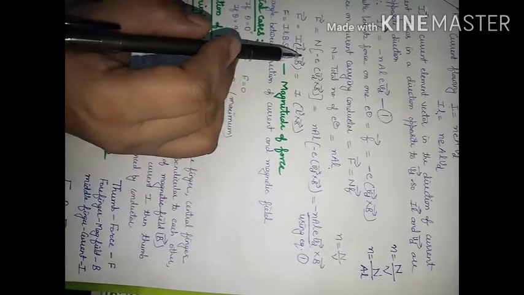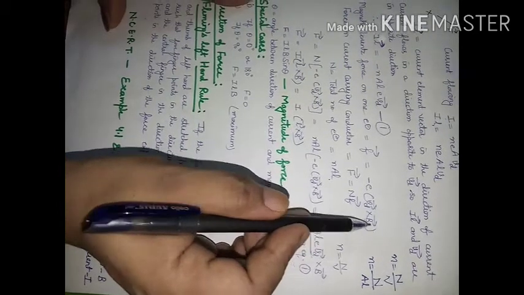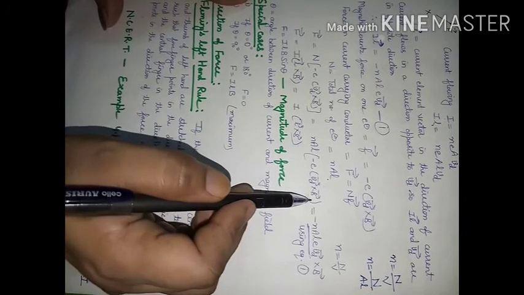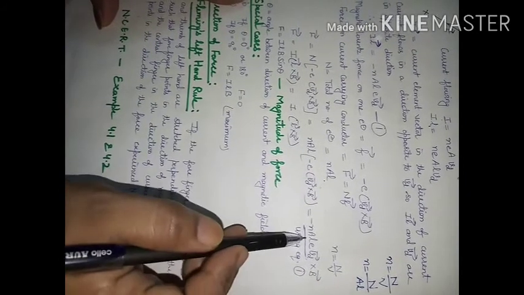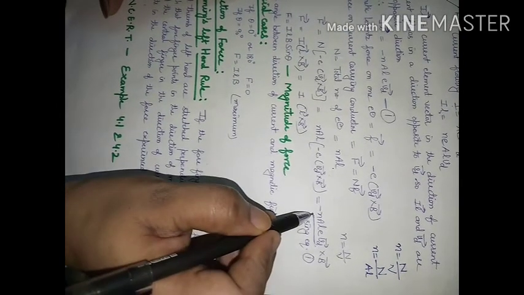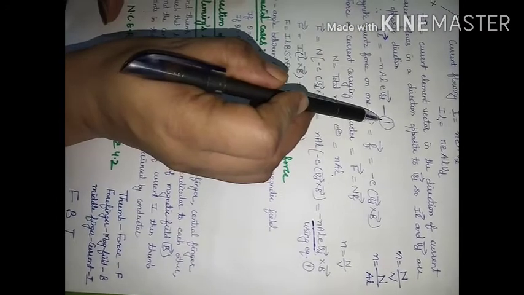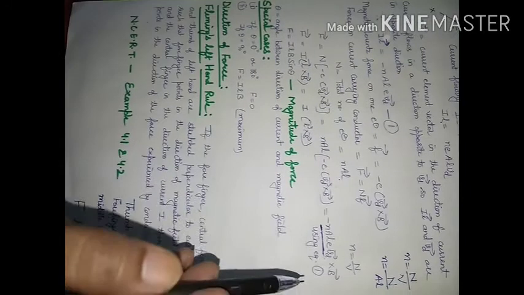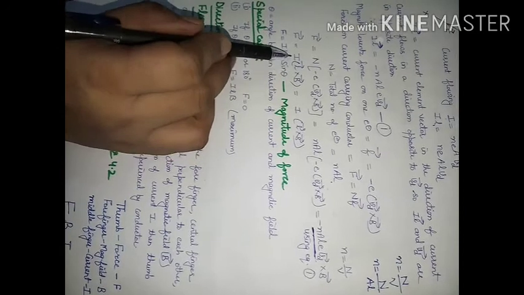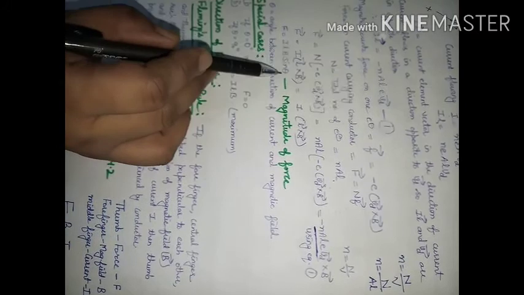So we have n multiplied by minus e Vd cross B, so it will become nAL times minus e Vd cross B. This equation we write like this, minus nAL e Vd cross B. Now I can replace this part by I L using equation number one. So the equation will become I L cross B, which can be written as ILB sin theta.